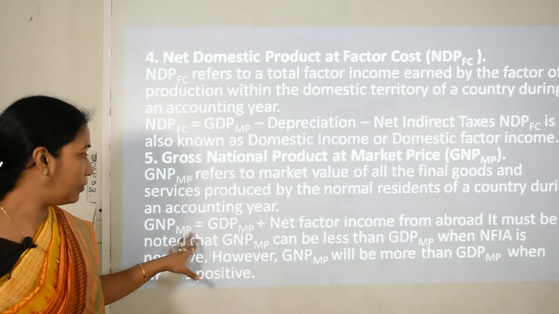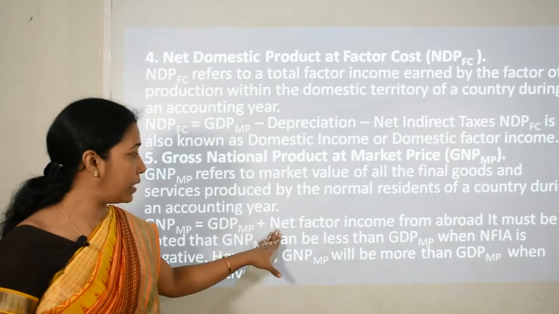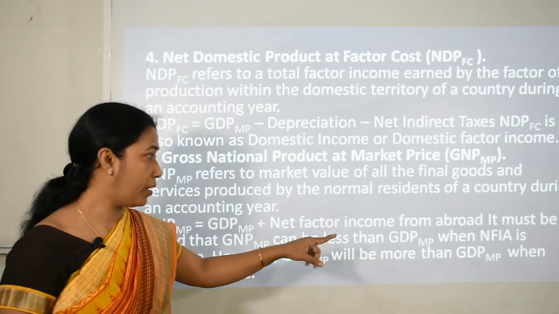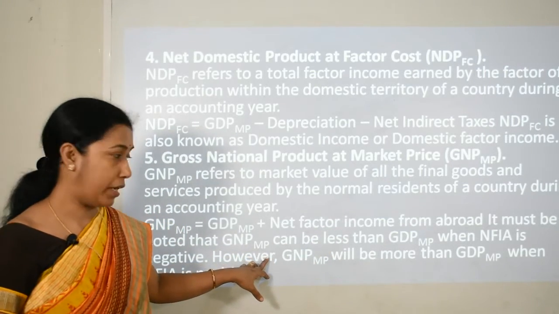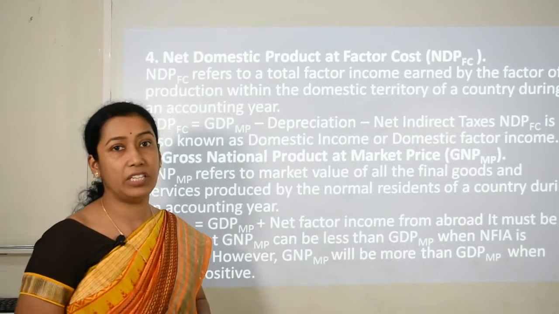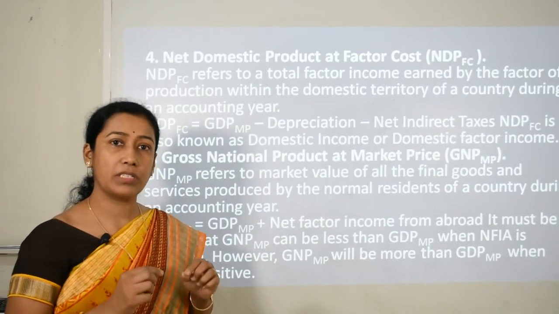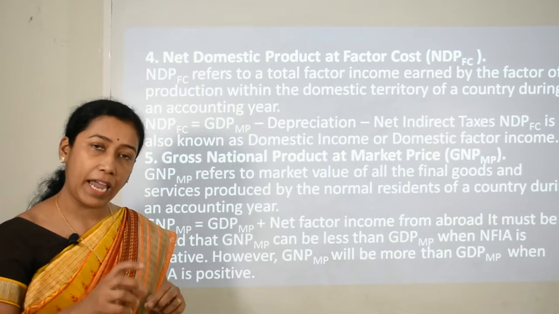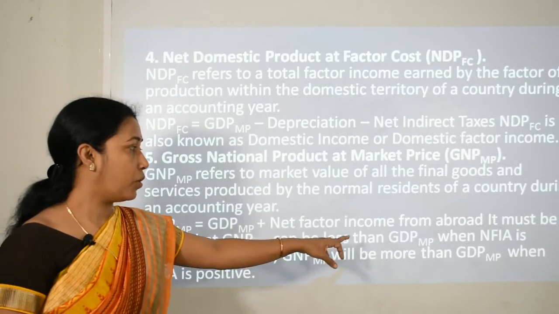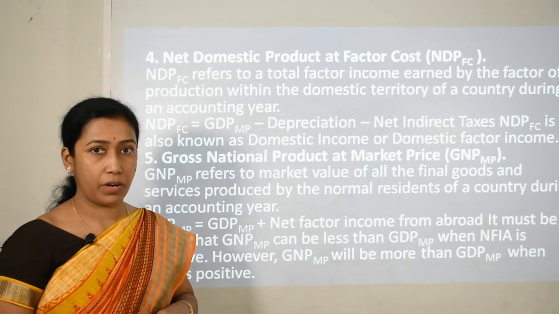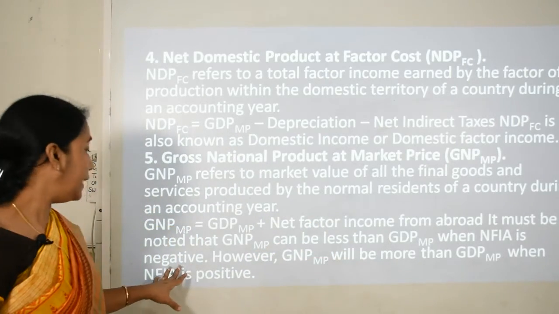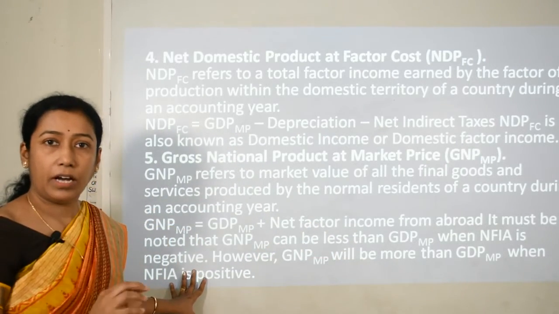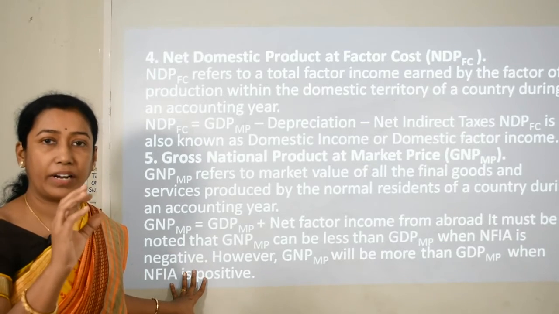So the formula we will get is GDP at market price plus net factor income from abroad. It must be noted that the gross national product at market price can sometimes be less than GDP at market price, when net factor income from abroad is negative, that means in our country we did not receive any net factor income from abroad.